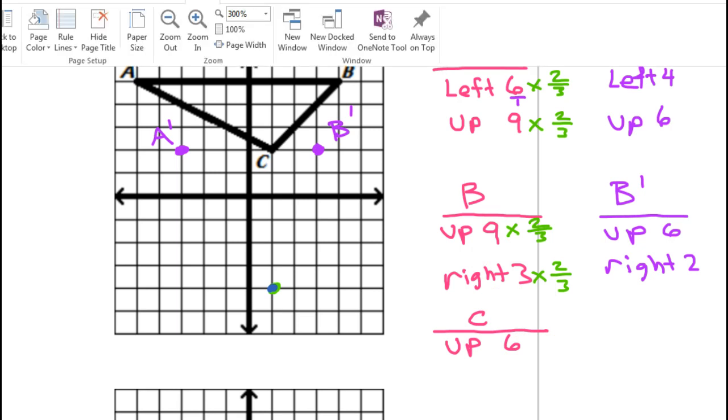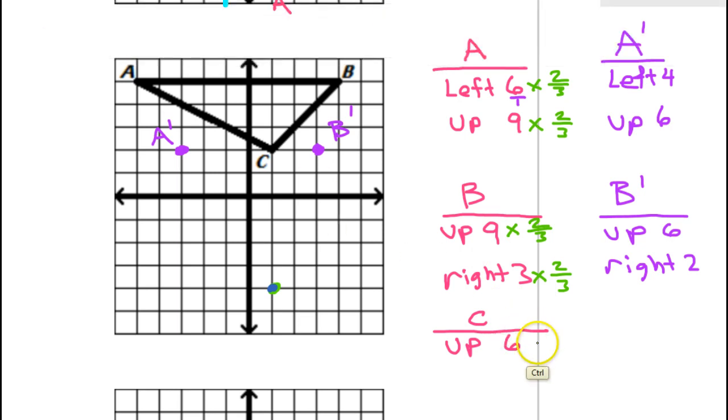So if I want to figure out how to get to C prime, I need to multiply that by 2/3. 6 times 2 is 12, divided by 3 is 4. So I need to go up 4. Starting at the center, if I go up 4, that's going to put me right here on the x-axis. So this should be my C prime.